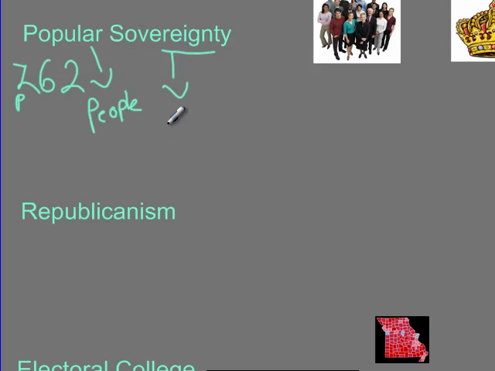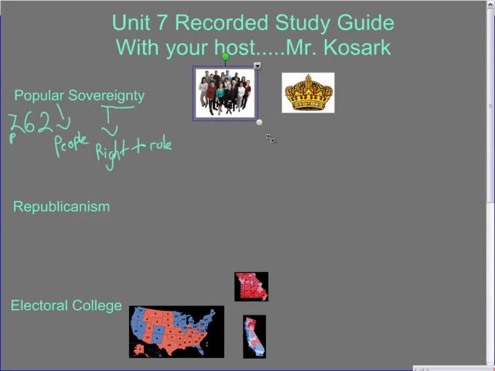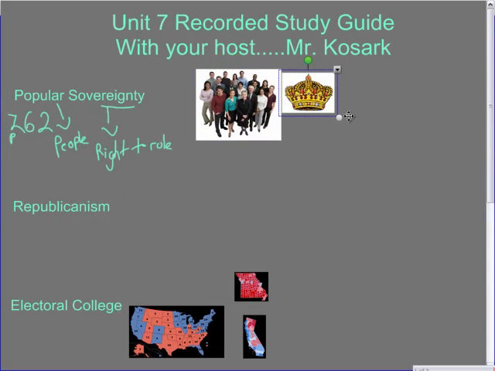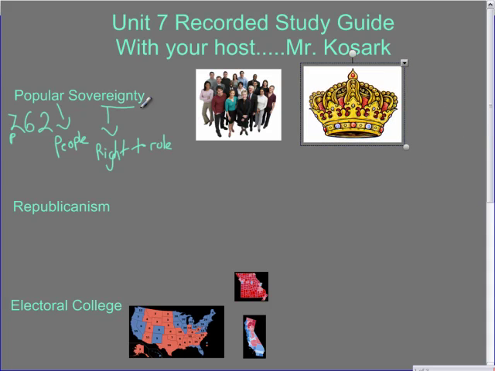So sovereignty in this case means right to rule. If we put those together, we've got the people have the right to rule, represented by this crown. So it's a government in which the people have the right to rule.